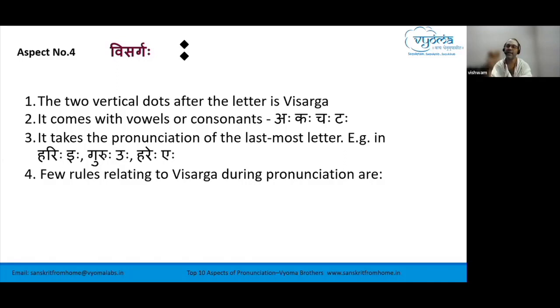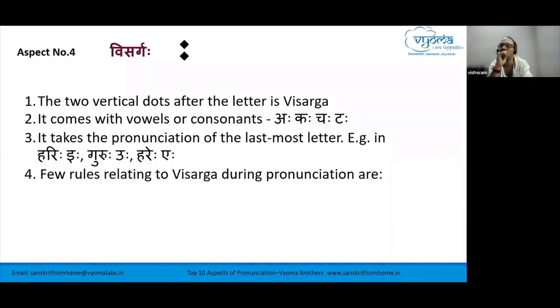And even while writing dictation, sometimes we get doubt. When they say Hari Hi, we will write Hari and then put one Hakara, the Ha of Ya Ra La Va Sha Sha Sa Ha, and put He for that. We should not do that. That is why we should know when it is He and when it is this Visarga.